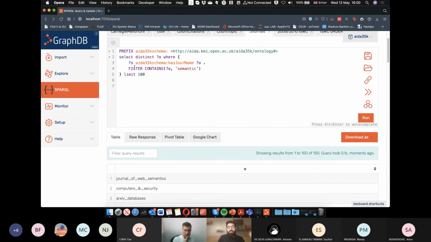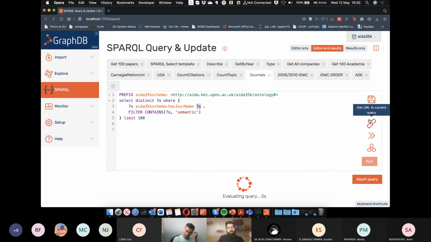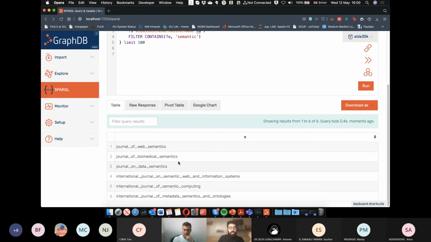So what I can do is filter the name of the journal, checking if the string contains semantic web. This filter allows us to retain all those journals that contain the word semantics. So we have 6 journals. This is much easier now to parse. There is the journal of web semantics, biomedical semantics, data semantics, semantic web, and so on. So I can see exactly which kind of journal I can possibly send my paper to.